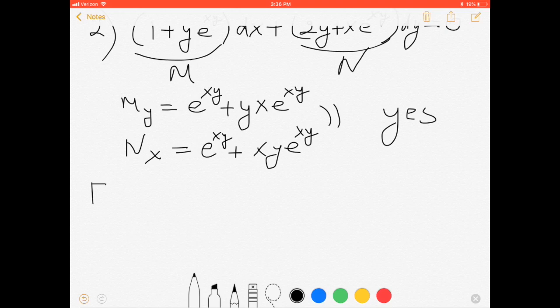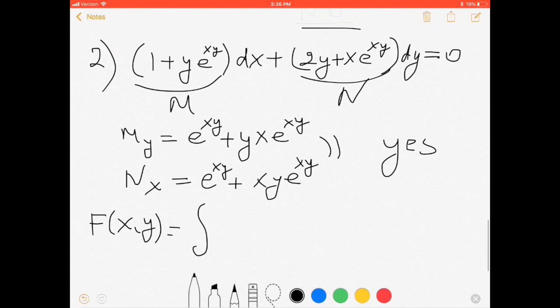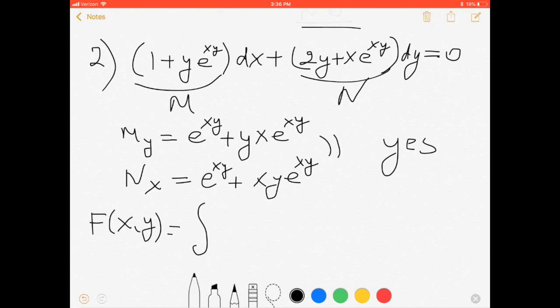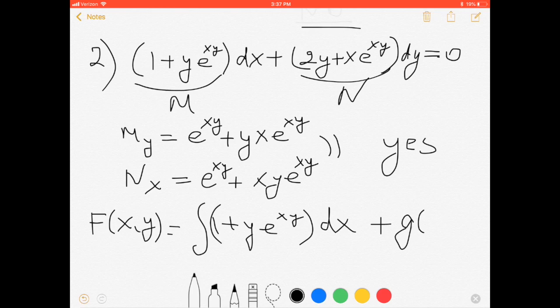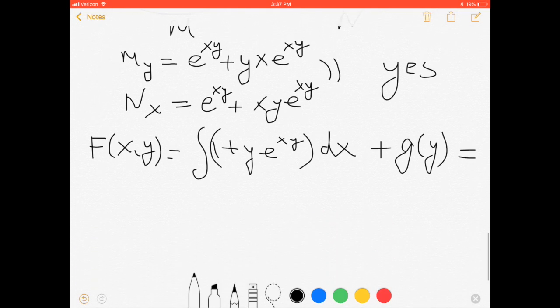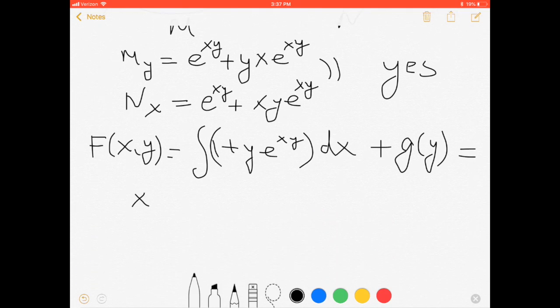Okay, what will f be here? We take the integral of some part of your equation. It's 1 plus y e to the xy dx, plus some part of the function which depends only on y. Continue. What do we have here? It will be x. Exponential function.